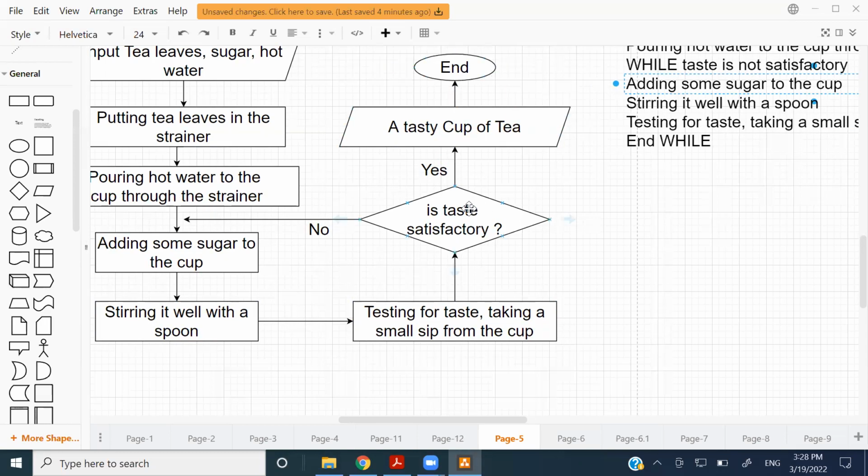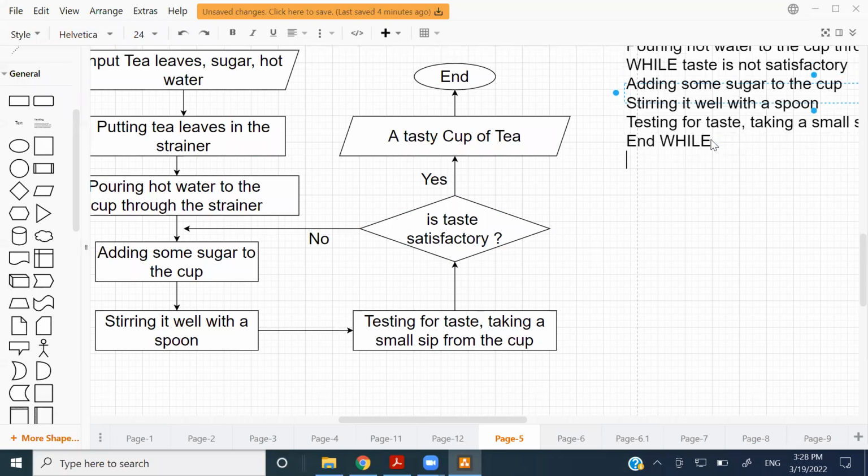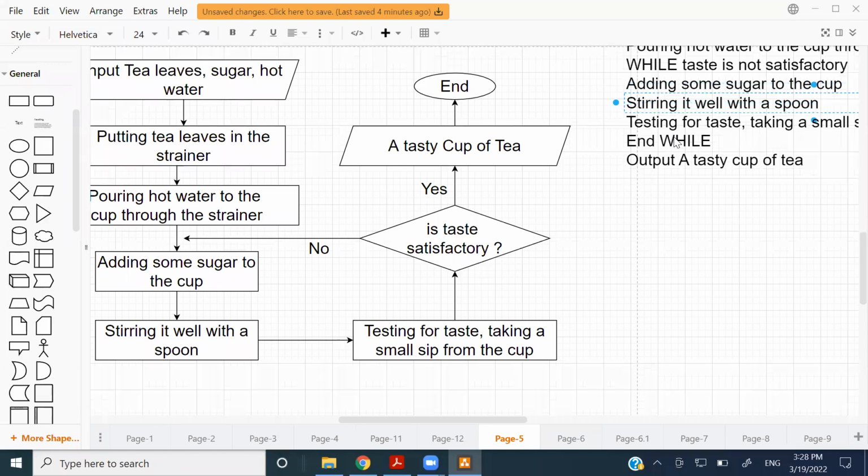That means we are exiting from the iteration. So if you are exiting from the iteration, you just type output a tasty cup of tea. And then you can end.